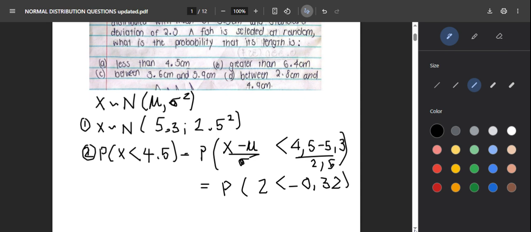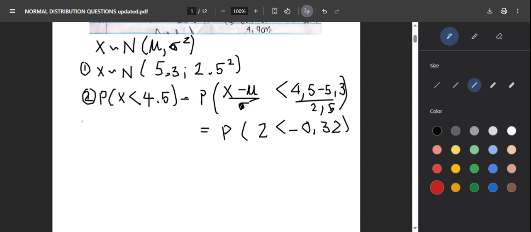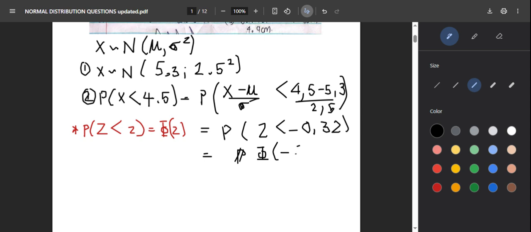Now, there's something that I need you to take note of. When we have the probability of capital Z being less than small z, this is equal to phi of z. So now this is going to be equal to phi of negative 0.32.